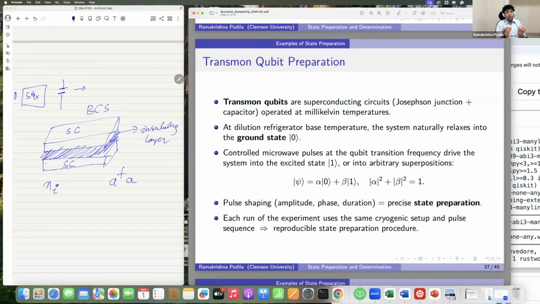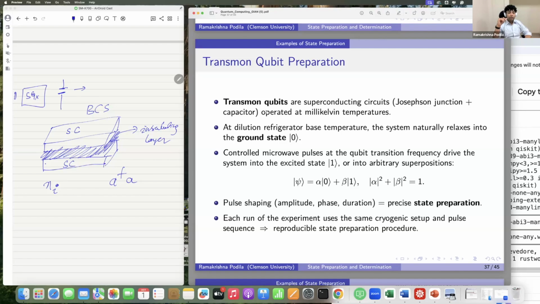If I am at millikelvin temperature, then I can achieve a state where there are no Cooper pairs in the junction, right? And you attach a capacitor because you want to make it non-linear. We will talk about how we make that non-linear. That is to separate the energy levels well enough so that we can access them with microwaves.